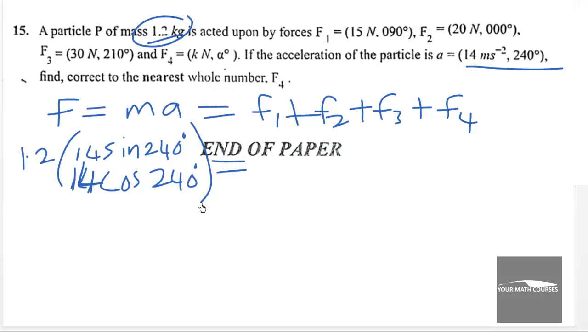This will be equal to F1. The resolution of F1 is also 15 sine 90, 15 cos 90.